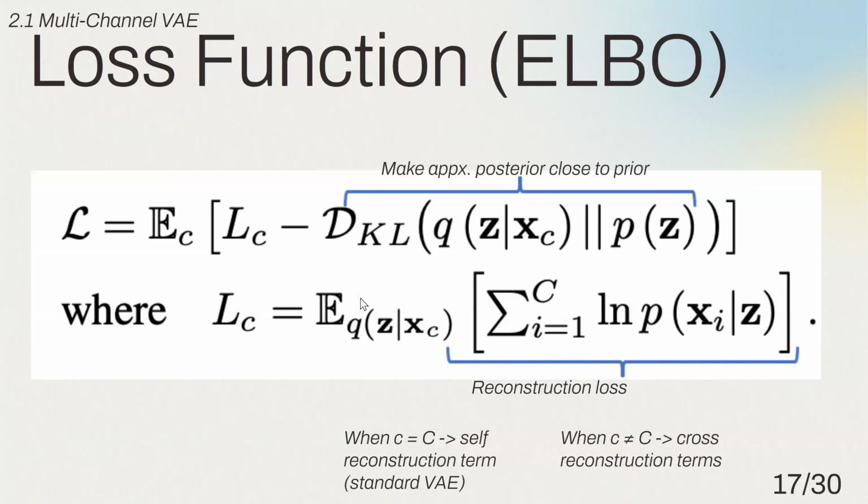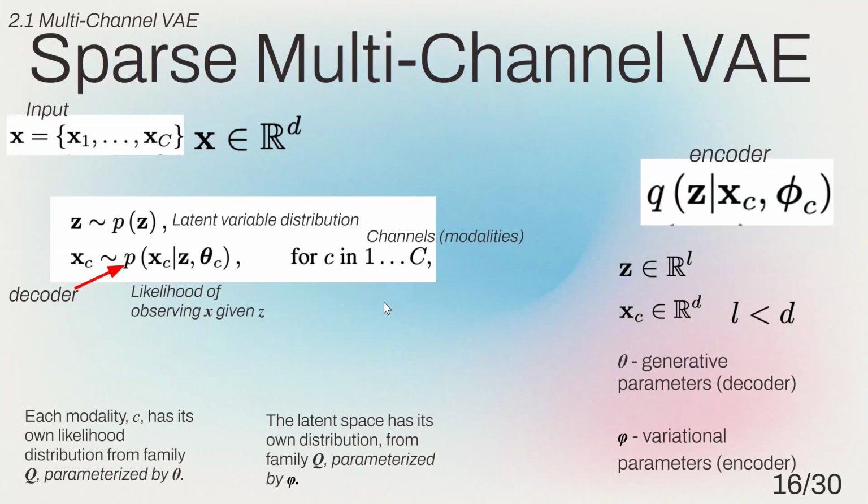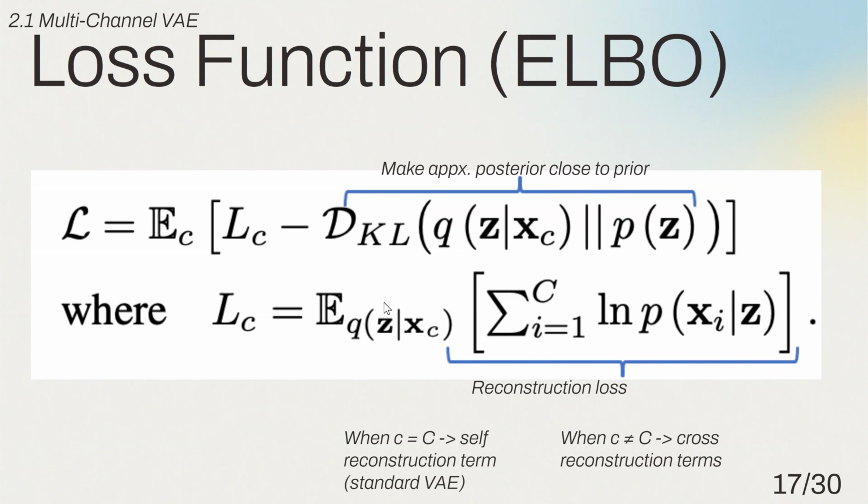But so this is their loss function. This is essentially how it works. Maybe I should have talked about that a bit more, but like I said, there's an encoder for each channel, and there's a decoder for each channel. And each channel, which is a modality, has its own latent space.